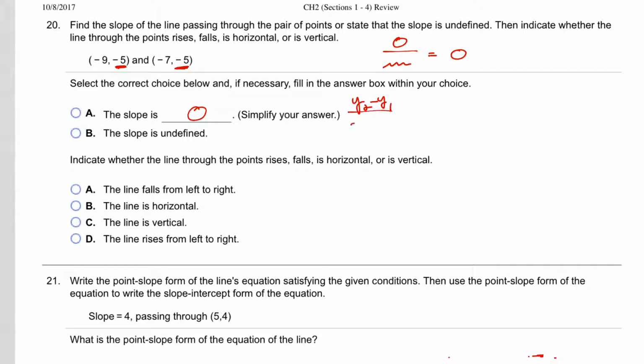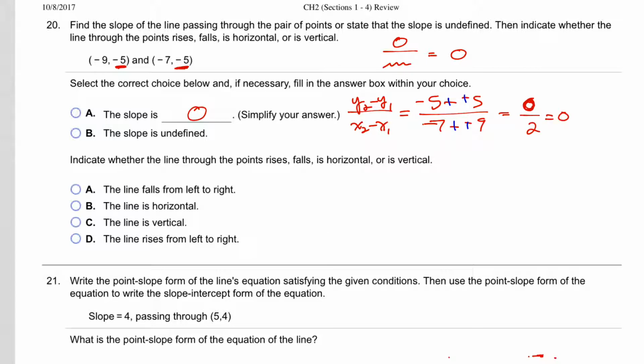So negative 5 minus a negative 5, and negative 7 minus negative 9. So they're both pluses. And there's your 0.